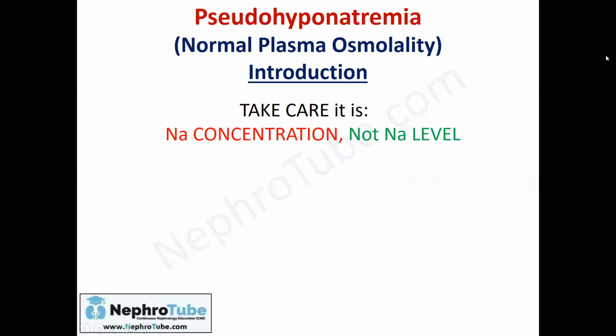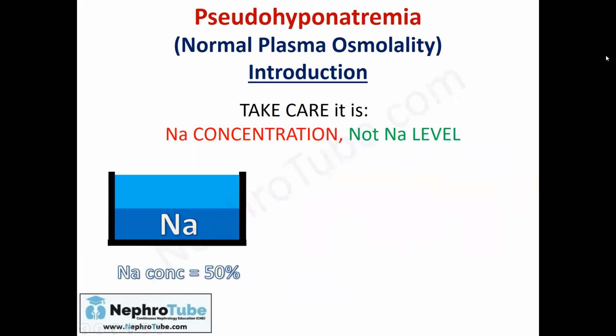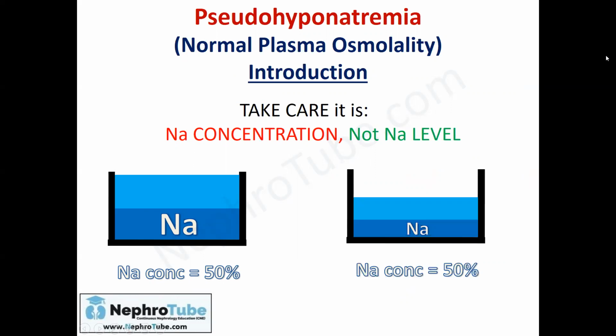We have to keep in mind while trying to diagnose hyponatremia that we are measuring sodium concentration, not sodium level. For example, in this cup of water, we'll find that sodium concentration is 50%. And in this cup of water, although the amount of sodium is less than in the left cup, you will also find the sodium concentration is 50%.